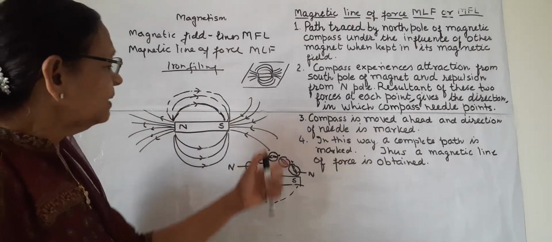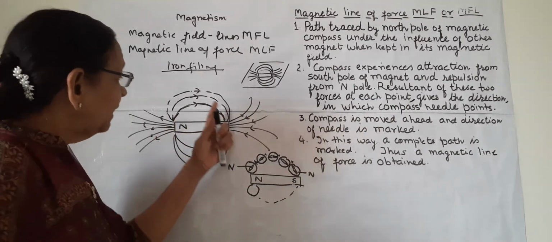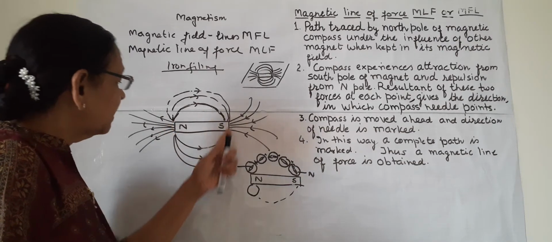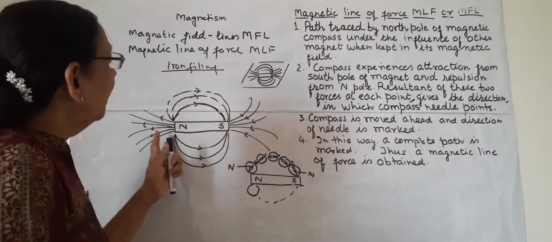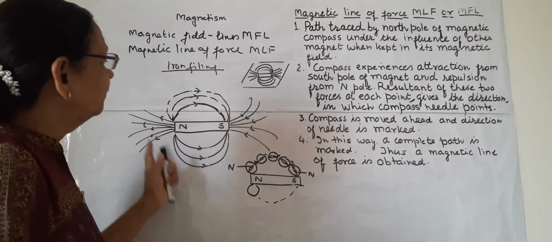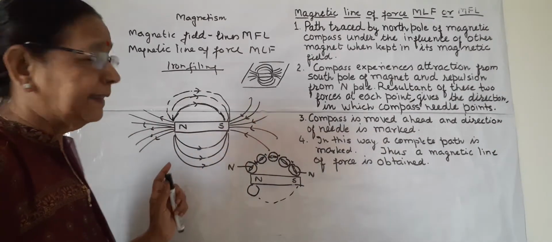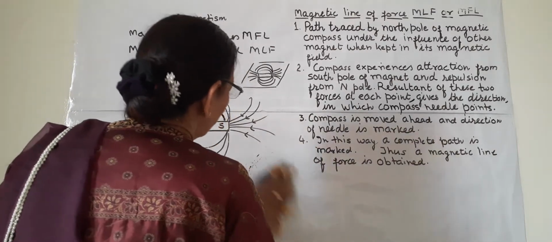But more or less, they are like this. They are elliptical in nature. They are closed circles, mostly elliptical or circular, and they form a picture like this. So this is about magnetic lines of force.